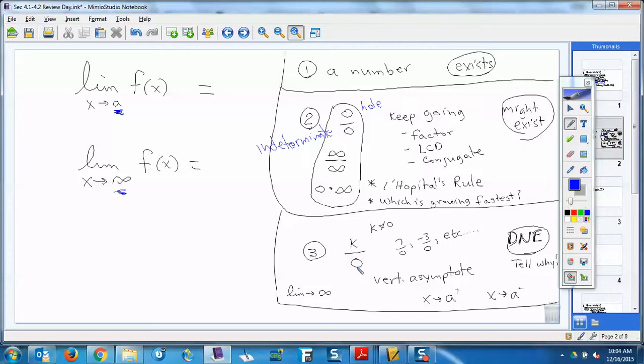You get a number over infinity, that's going to be 0. That's going to go towards 0. So again, we've added that into here. When you get a number over 0, that means vertical asymptote. It means infinity, and we're just checking the left and the right side to see which it is. Again, it's kind of a lot of stuff to keep straight, but if you're seeing the big picture of what's happening, then maybe it isn't that hard.